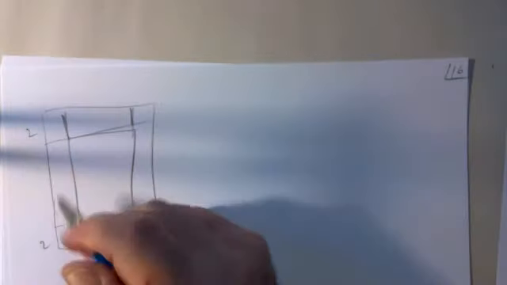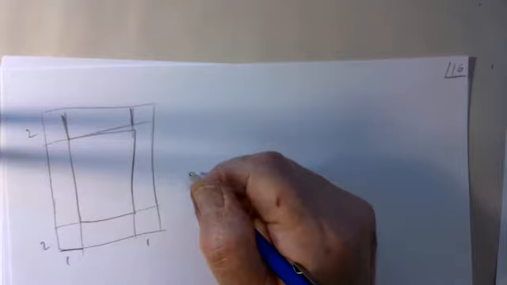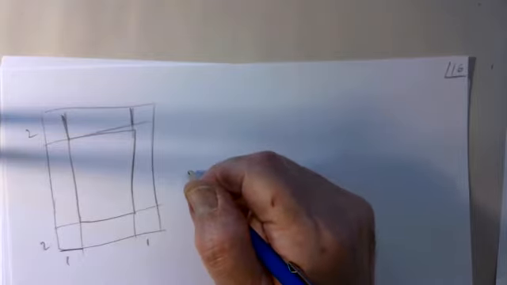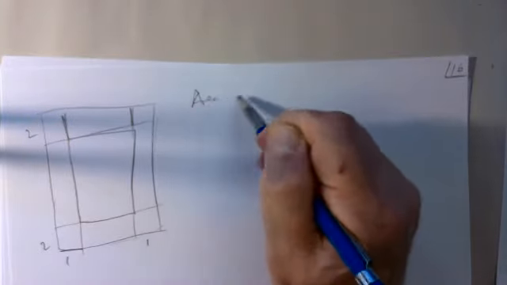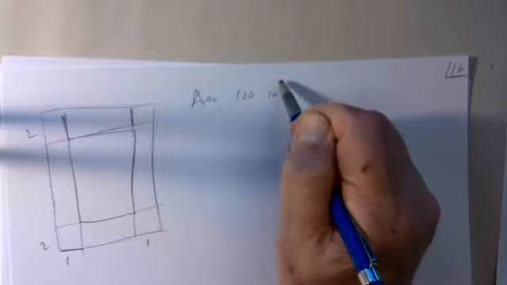So our poster is going to look like this. The margin at the top and the bottom is 2 inches. The margin on the right and left is 1 inch. And the whole poster has an area of 100 square inches.